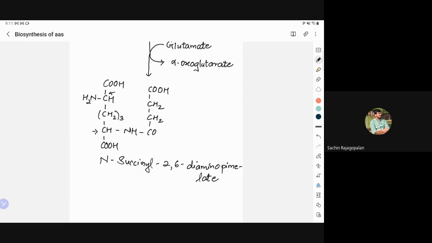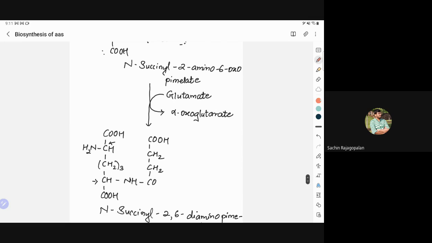That's my compound. Now, what's the enzyme name? The enzyme name is unfortunately going to be quite long over here because glutamate is the donor. We have glutamate, succinyl diamino pimelate aminotransferase. So this indicates that you are transferring the amino group from glutamate to form succinyl diamino pimelate. That's the long enzyme name that you have.